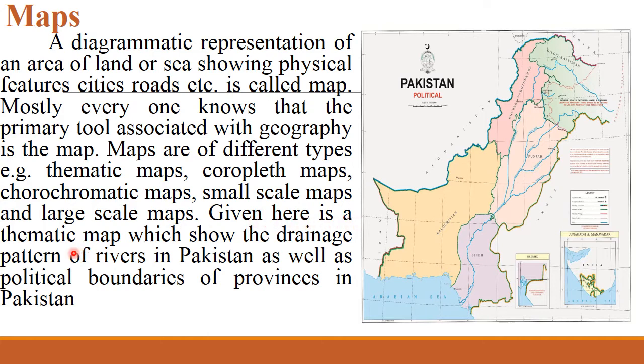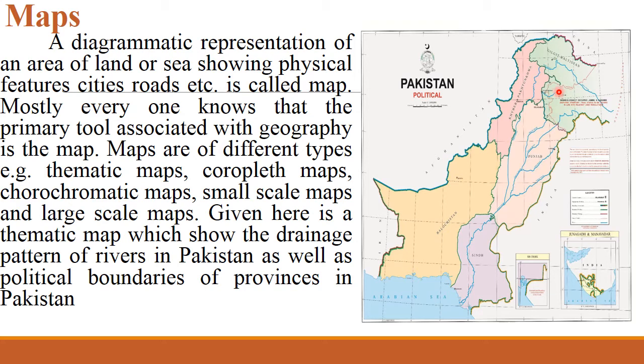Given here is a thematic map. This map is a thematic map because it shows a theme. What is the theme? Basically there are two themes. One theme shows the political boundary of our country as well as the political boundaries of the provinces of our country.